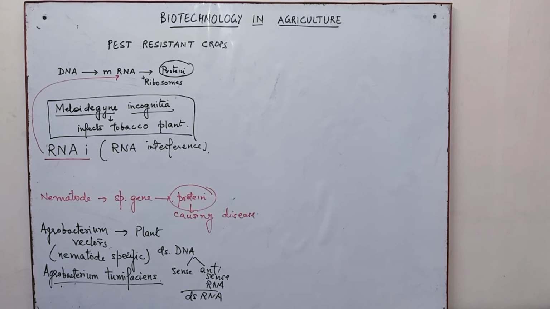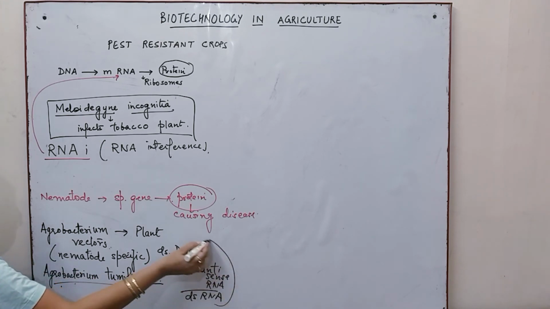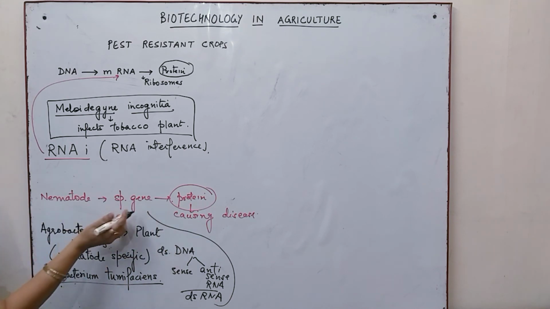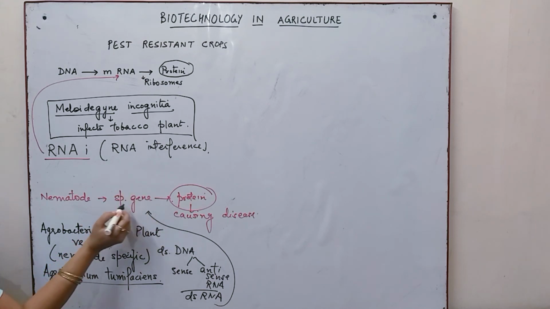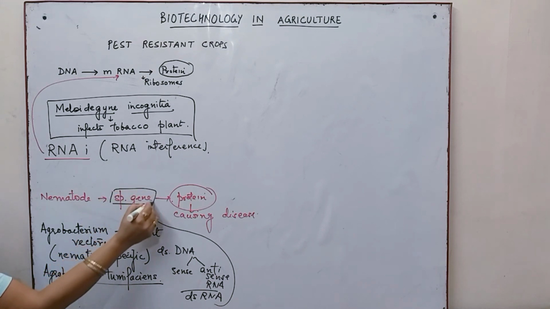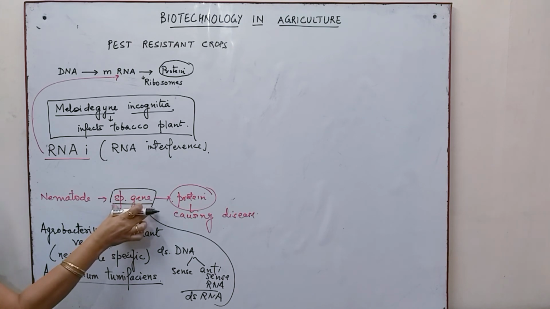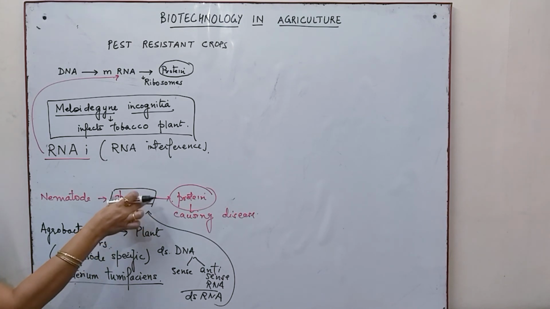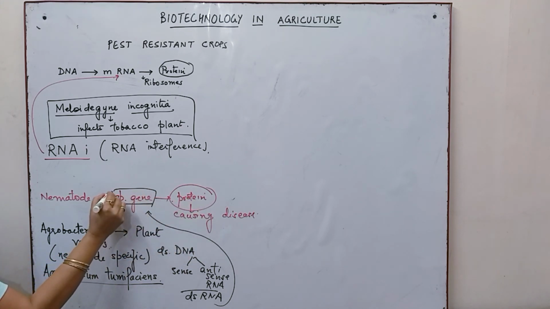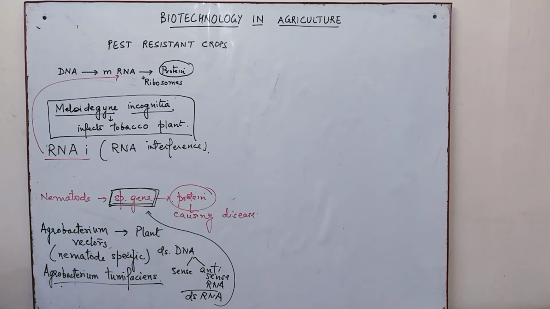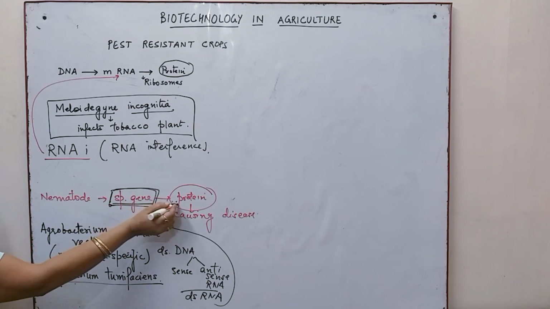This double-stranded RNA, that is RNAi, binds with the gene that causes the synthesis of this particular protein. Since it binds with the specific area, or this gene which is coding for the particular protein which caused the disease, it is interfering with or stopping the synthesis of this protein.